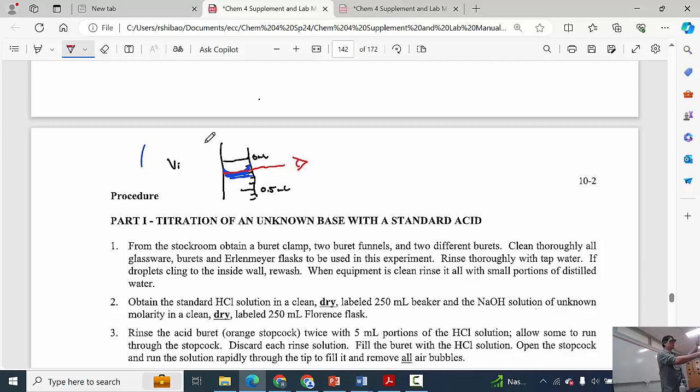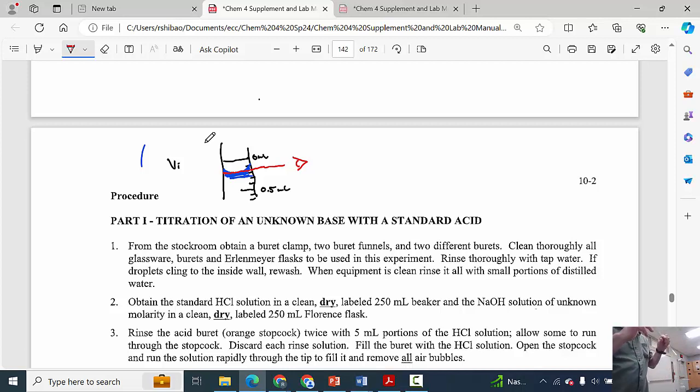And then open the stopcock and drain the water out the bottom. I'll rinse it out like 2 or 3 times, and you can drain it out the top too. That should be adequate.